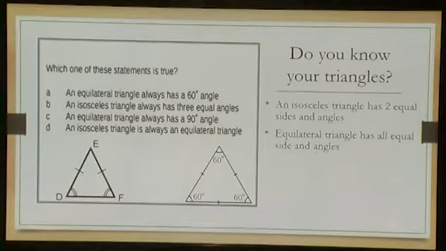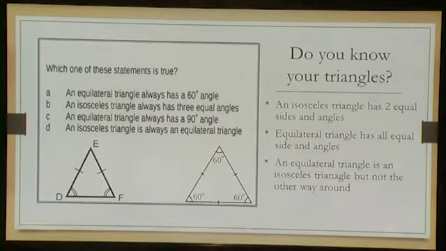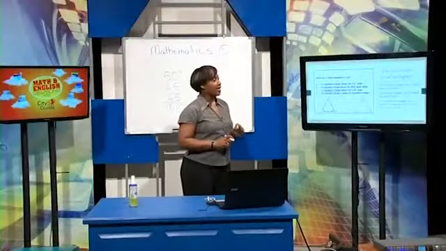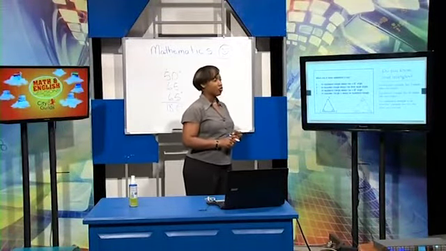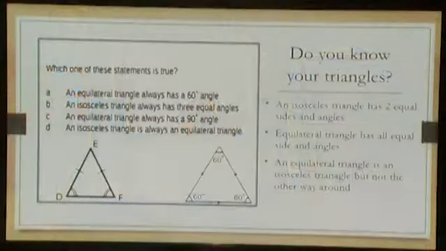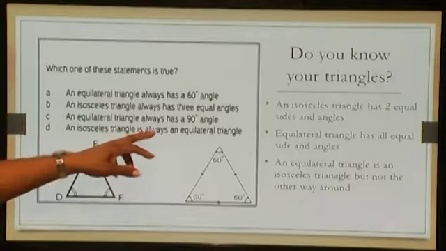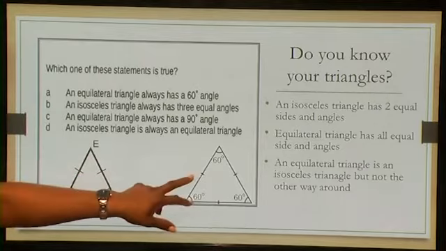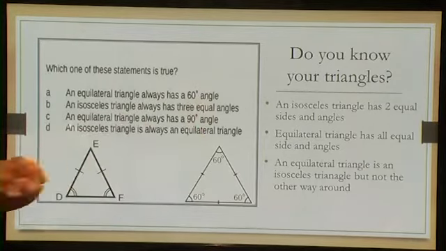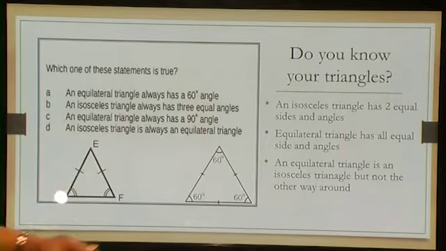So I hope you have figured out which is the best response. So now a point to make. An equilateral triangle is an isosceles triangle, but not the other way around. So the statement here says an isosceles triangle is always an equilateral triangle. Not true. Because the equilateral does have two equal sides and two equal angles, it can fit.